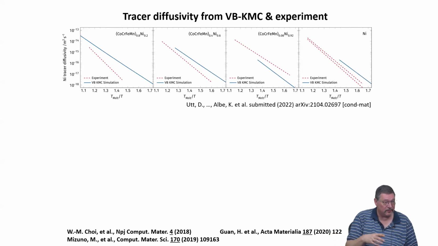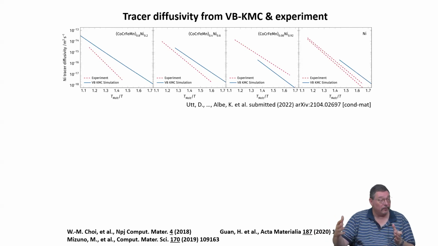You need to have sufficiently large simulation boxes, otherwise you will not get the interactions right. And you need to simulate over sufficiently long times, so that you really have diffusion and not only mean square atomic displacement.